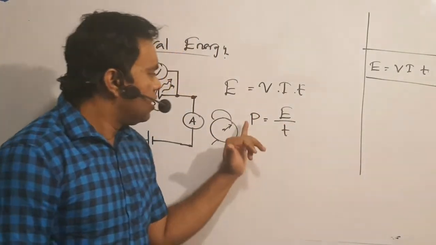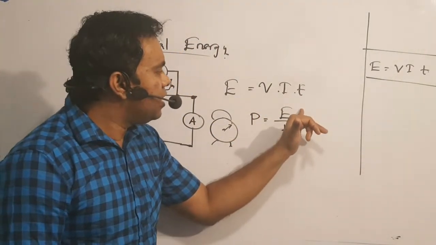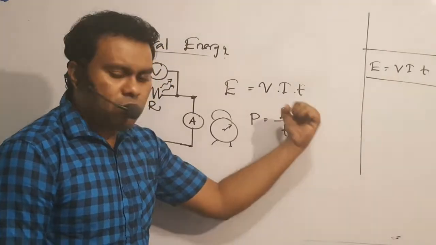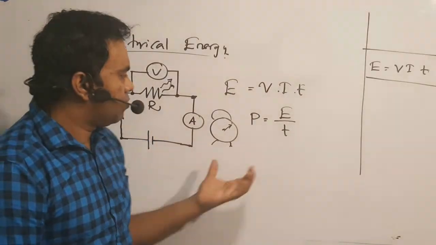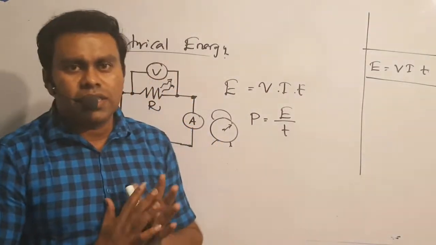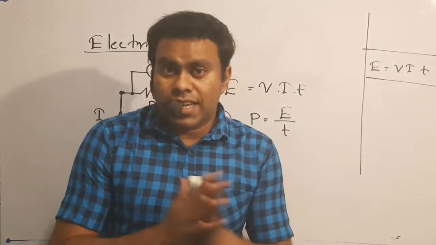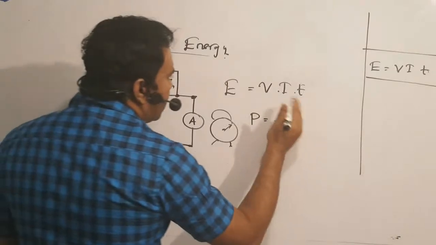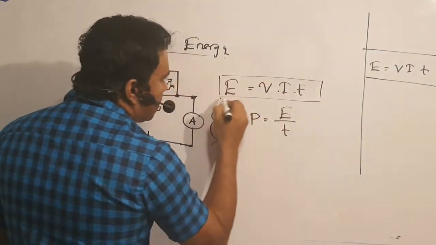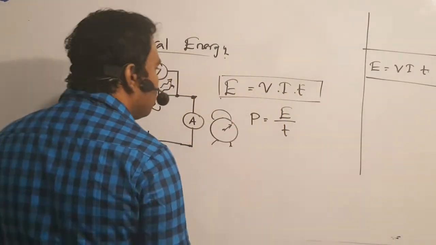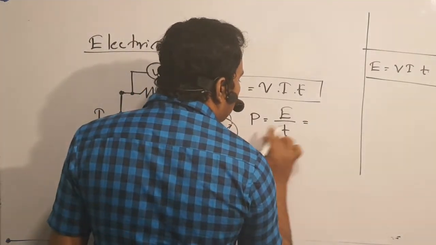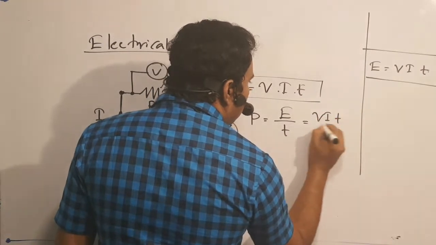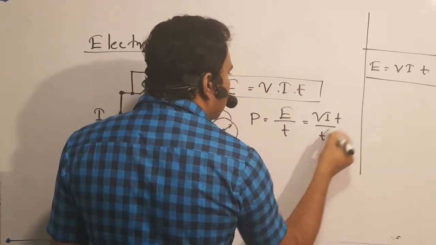පාඩම් ඔක්කොම ටික. So power equals energy upon time. Rate of emission of energy or rate of absorbance of energy, or simply power is equal to the rate of doing the work. So here's the electrical energy. That means the basic equation E equals VIT. So power equals VIT over T. So T can be cut off.